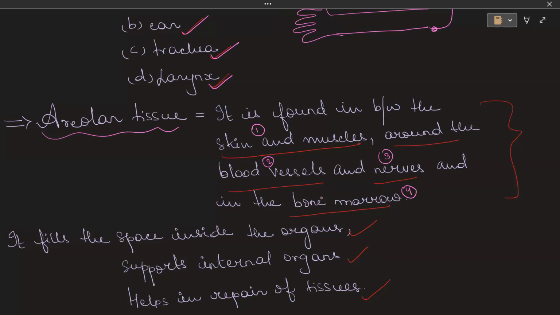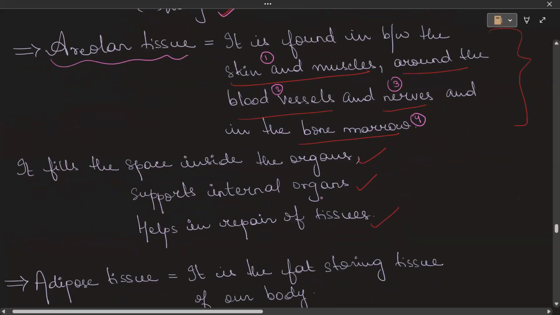The first one is in between the skin and the muscles. Then it is present around the blood vessels, then around the nerves, and also in the bone marrow. Now let us see the functions of the areolar tissue.